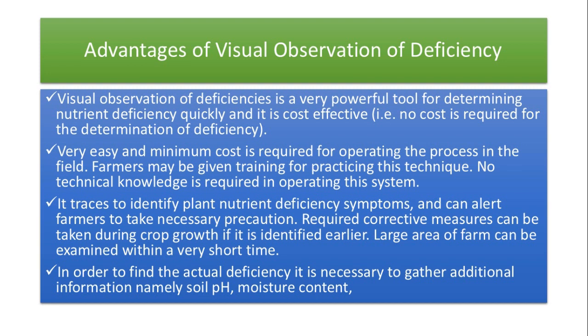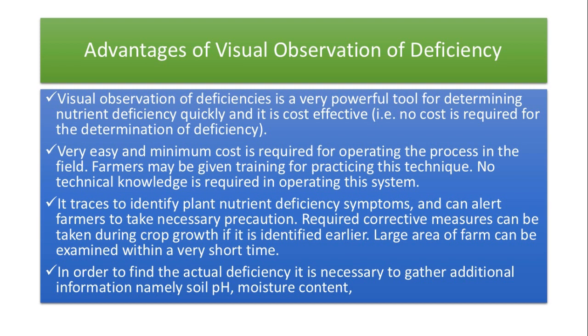Farmers may be given training for practicing this technique. No technical knowledge is required in operating this system. It helps identify plant nutrient deficiency symptoms and can alert farmers to take necessary precautions.